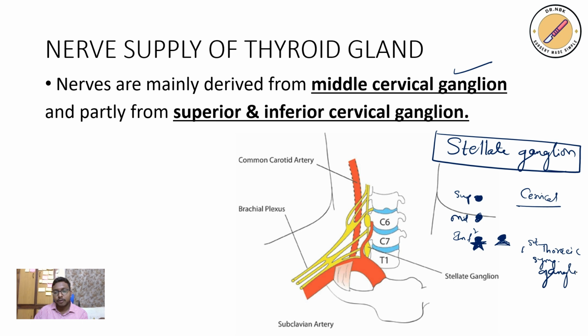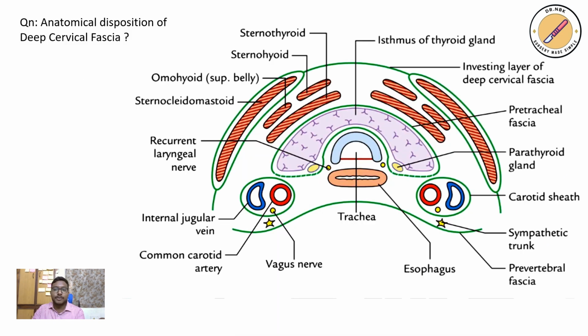This fusion forms a star-shaped ganglion that is called the stellate ganglion. You can see here, the inferior cervical ganglion along with the first thoracic sympathetic ganglion forms the stellate ganglion.